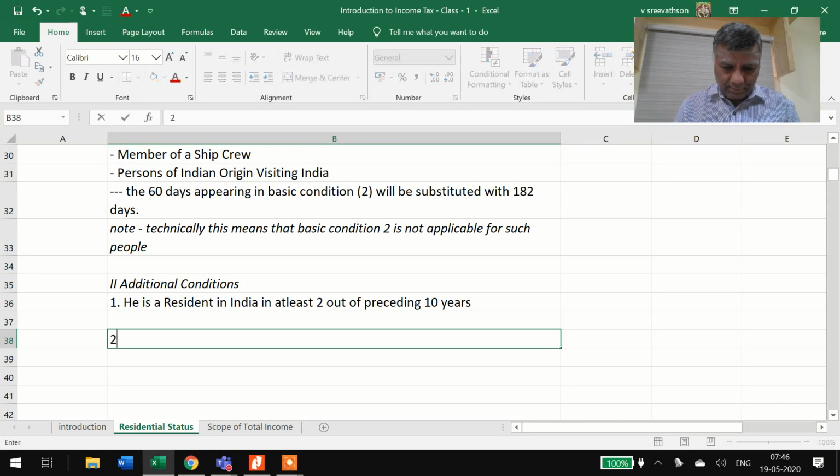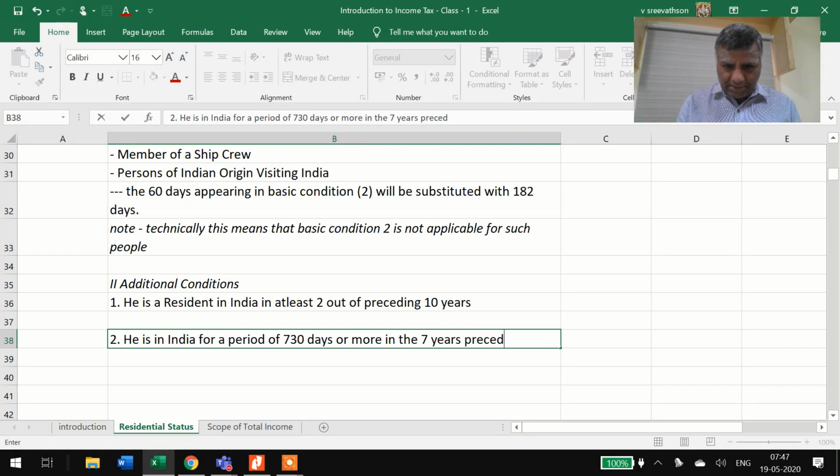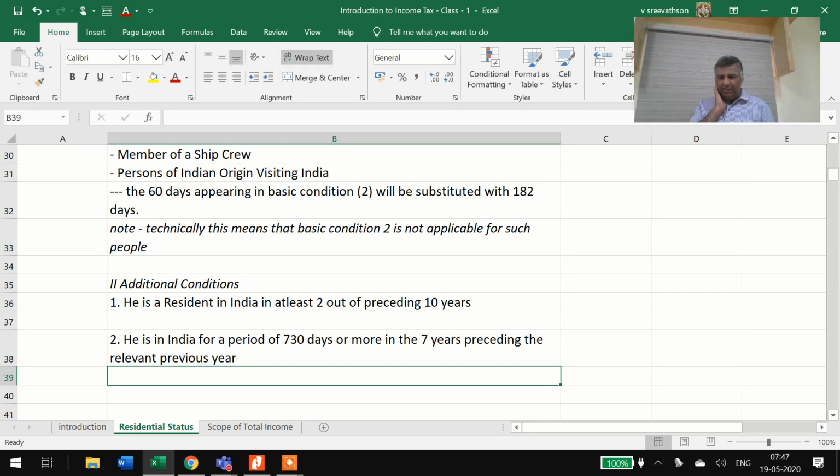He is in India for a period of 730 days or more in the 7 years preceding the relevant previous year. 730 amounts to 2 years.